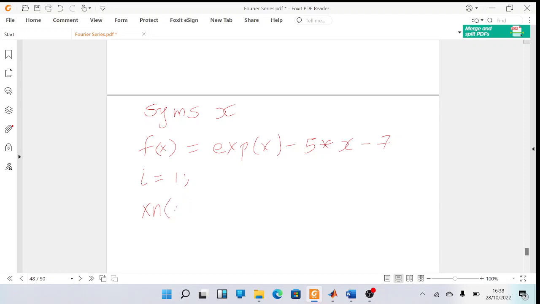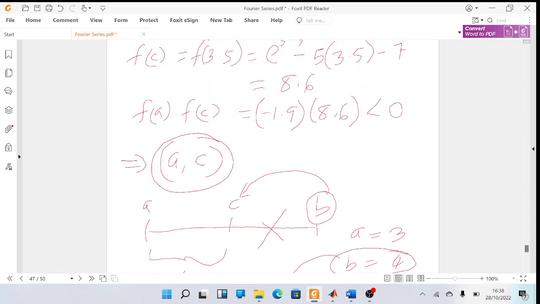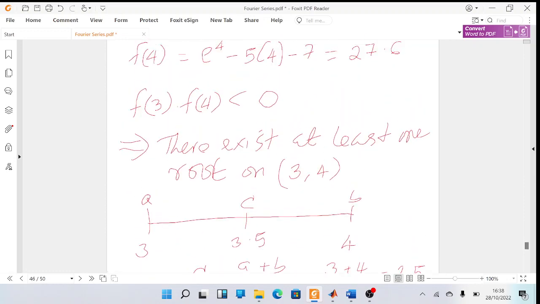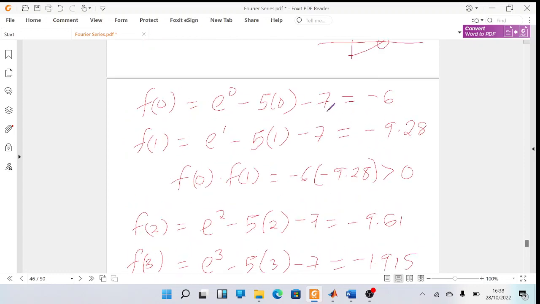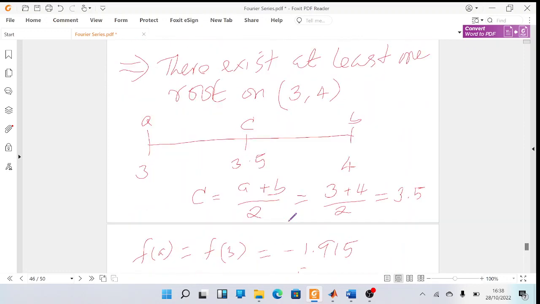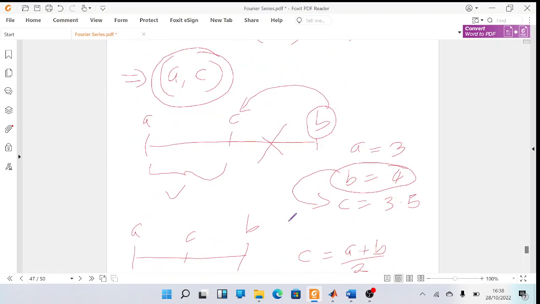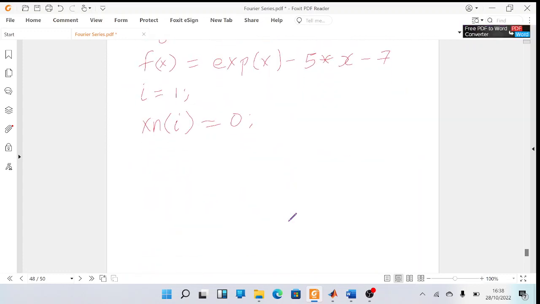So we write xn(i) is equal to 0, because we want to start at 0 as we have done here. We have started by computing f of 0. f of 0, we got negative 6. Then we obtained f of 1, we got that. f of 2, we want to follow the same procedure. So we write f of xn(i), where i is the counter.